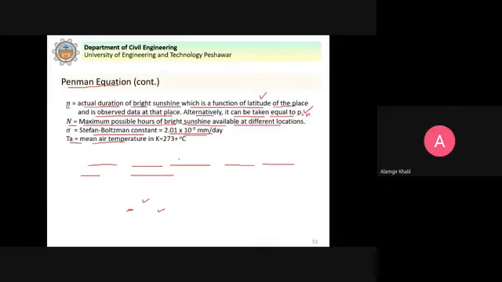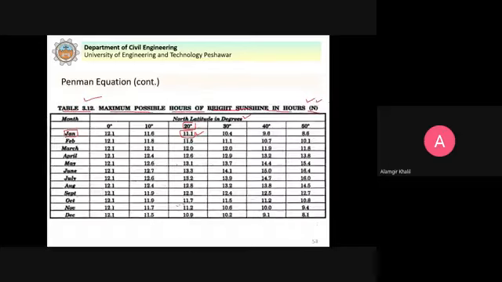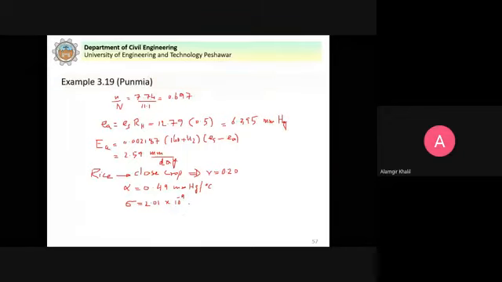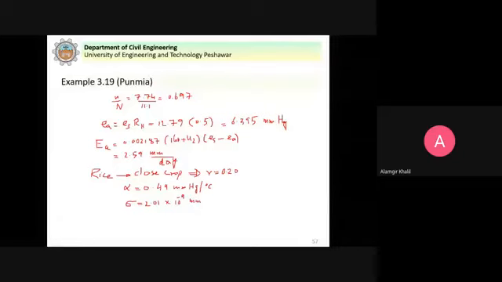This value is already known to us. So we have this sigma that is equal to 2.01 into 10 power minus 9 millimeter per day.